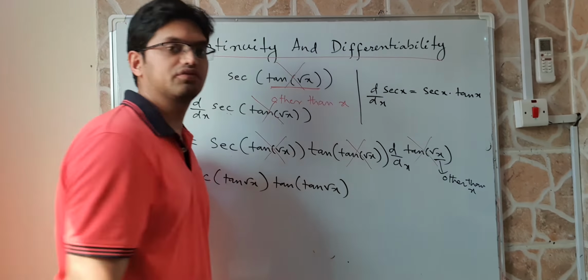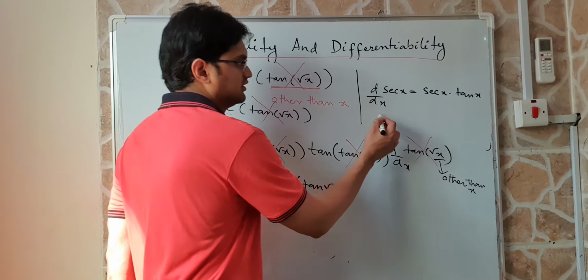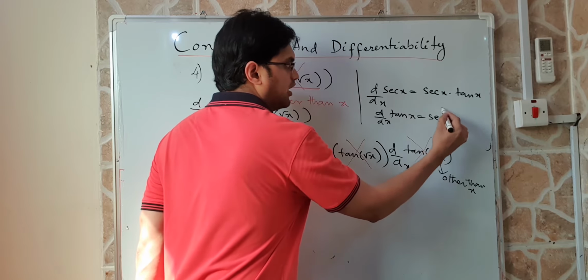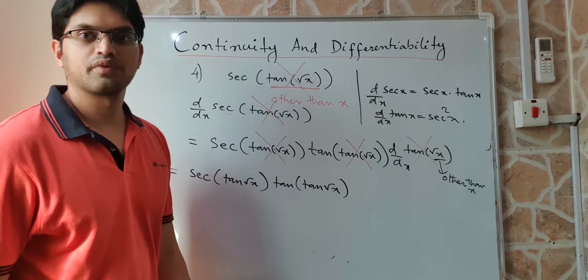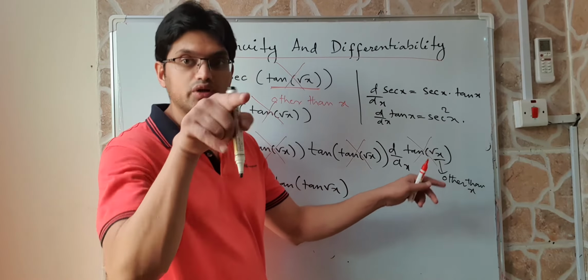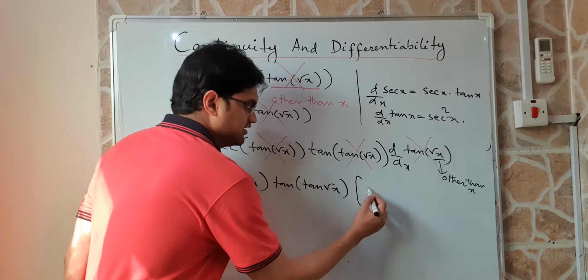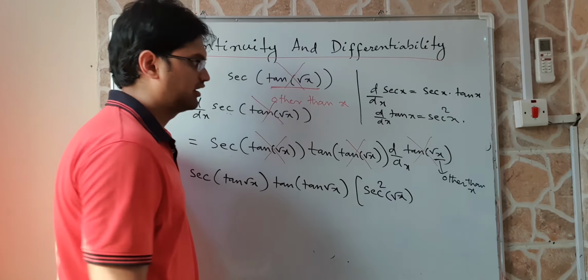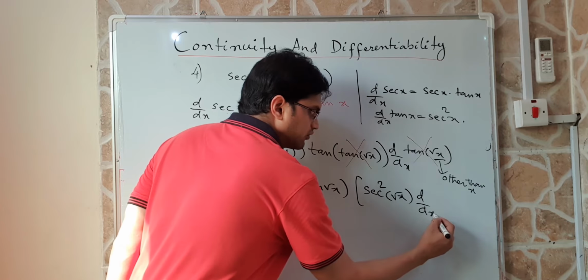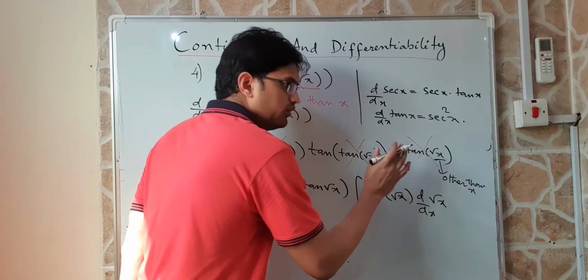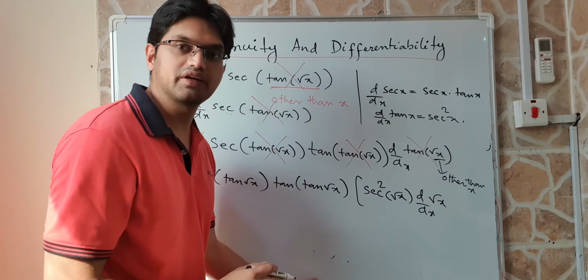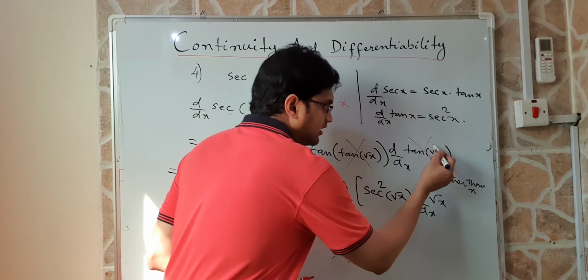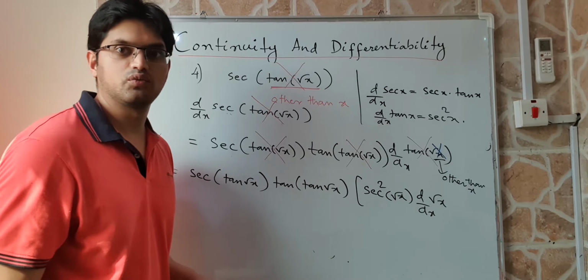So what is the derivative of tan x? I'll write here. The derivative of tan x is secant square x. So the derivative of tan of root x will be secant square root x into d by dx of root x, because at this point of time we will consider this as our x, other than x, which is an angle.